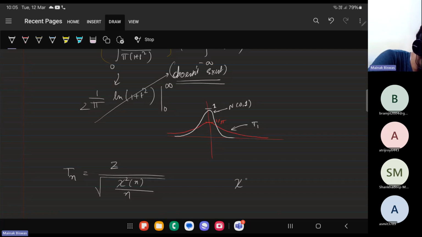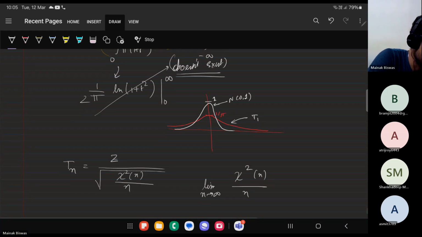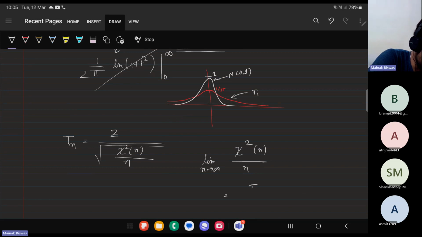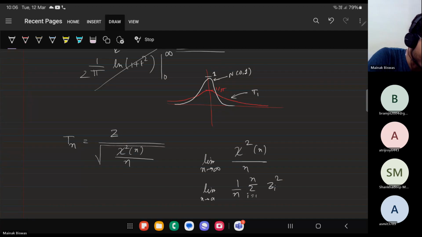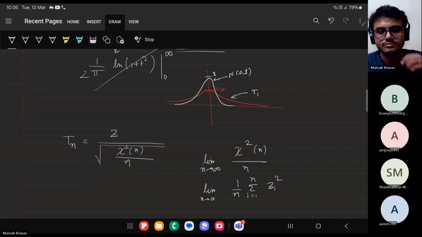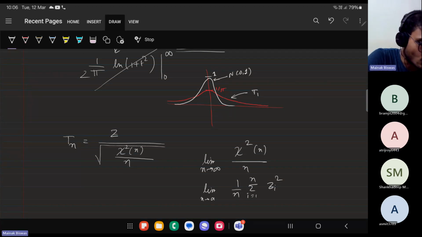Now you tell me what will happen to chi square n by n as limit n tends to infinity. What will happen? It is summation of i equal to 1 to n of zi squared, times 1 by n. Yes or no? Correct? Yes. So what did we show in weak law of large numbers?